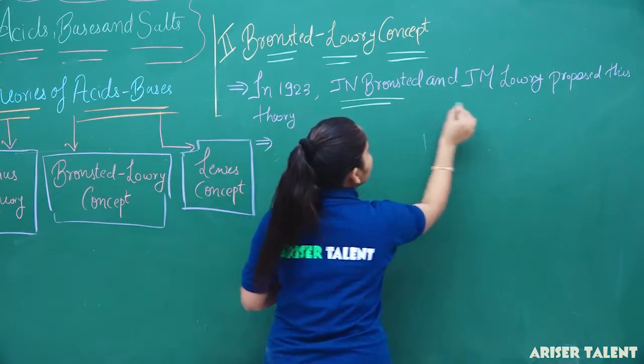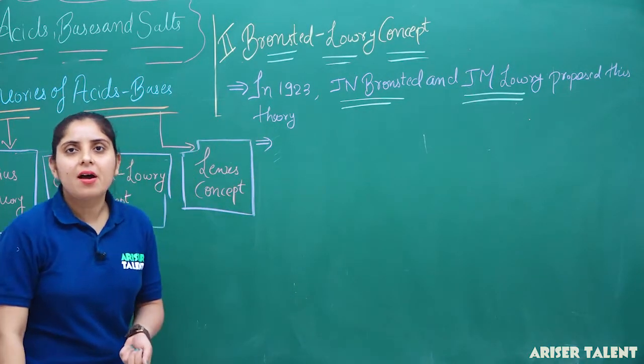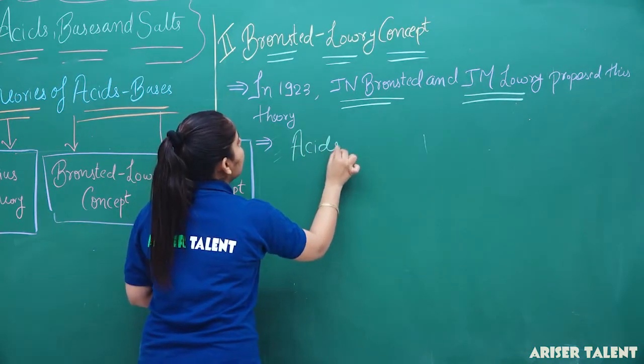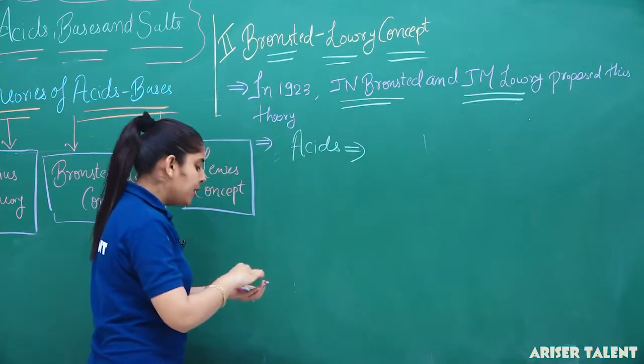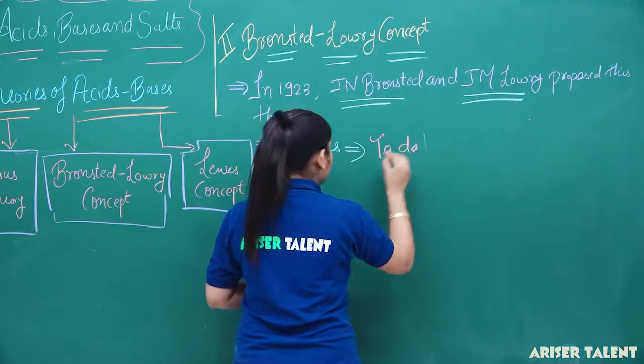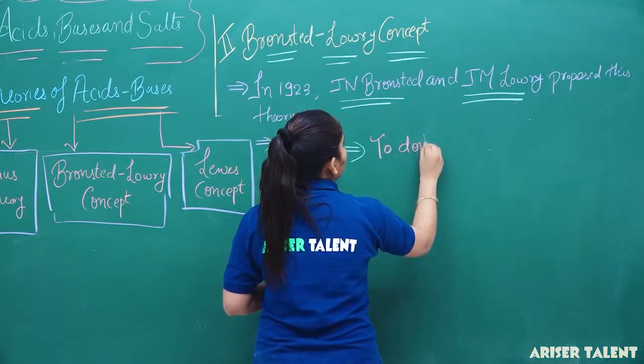Now, what they say about acids and bases is, according to this theory, acids are those compounds which have the tendency to donate protons. So, acids are those compounds which can donate proton.